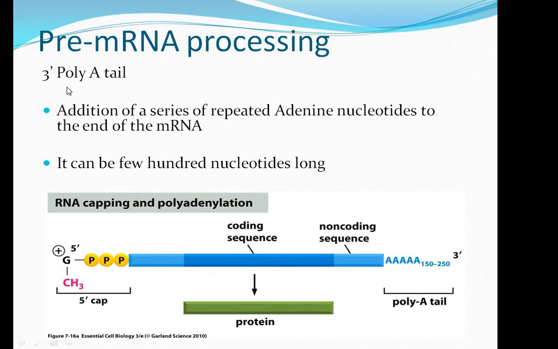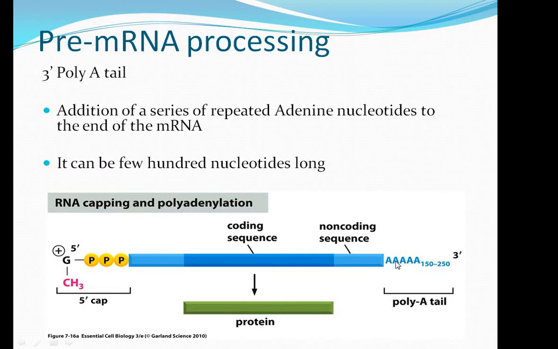Again, in the case of the 3' poly-A tail, once the mRNA is finally made, a series of enzymes bind to the 3' end of the mRNA, and they catalyze the addition of a long chain of adenine nucleotides at the end of the mRNA. So a poly-A tail means a long adenine nucleotide chain.